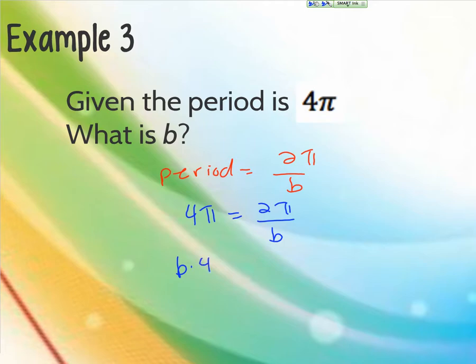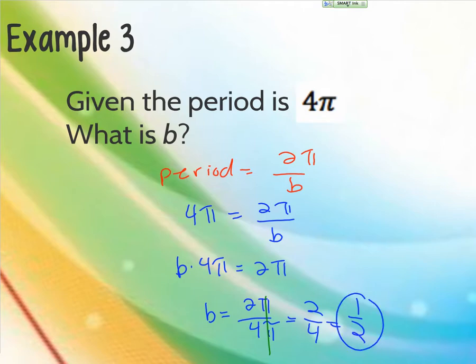So I've got b times 4 pi equals 2 pi. And then when I divide, b is equal to 2 pi divided by 4 pi. Well, these pi's cancel out. 2 over 4 will equal 1/2. So b would actually be 1/2 for this function. So it would be like sine of 1/2 x.